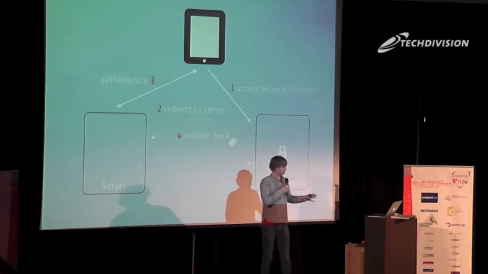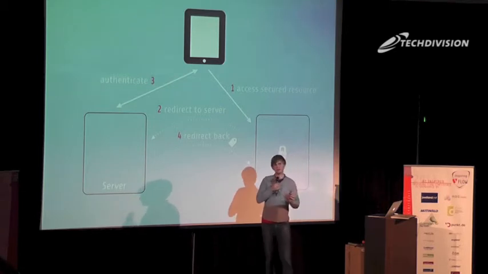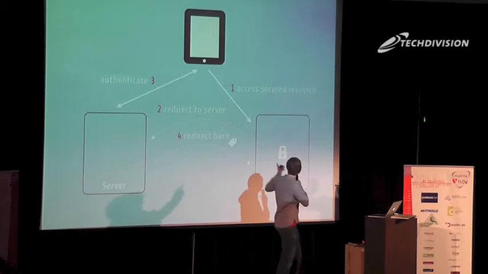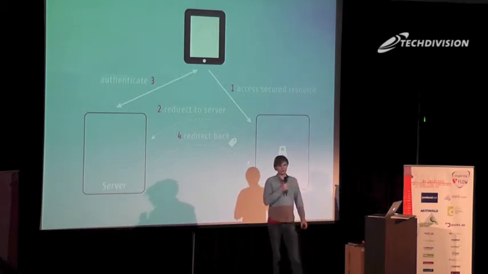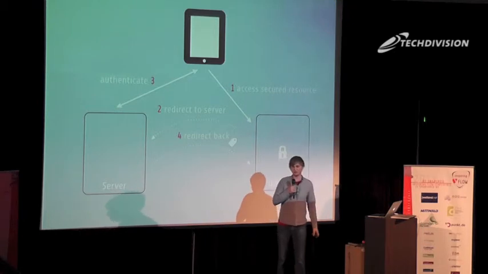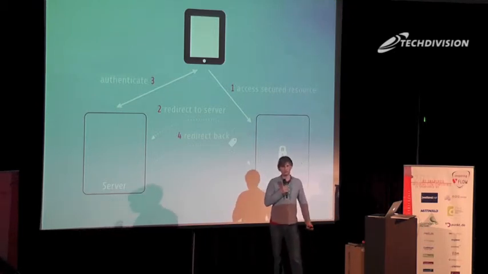So in this special redirect back, there's some information in the URL. And this is a token. I have a little token icon there. And this token can be proved on the server to say, okay, behind this token there's a certain identity with account information, like your name, birthday, roles, whatever.